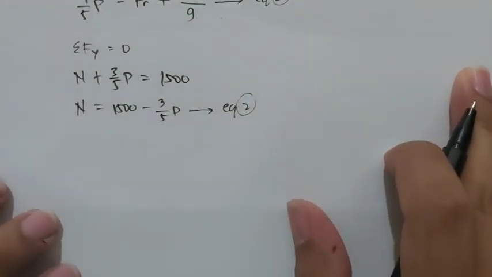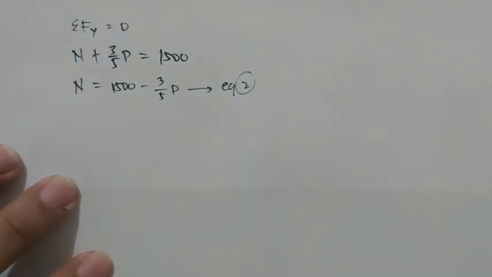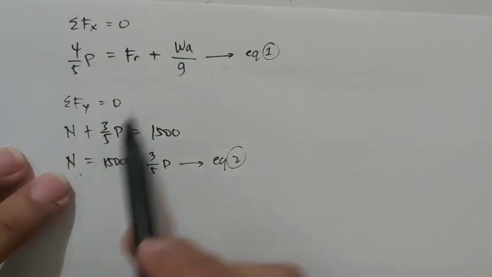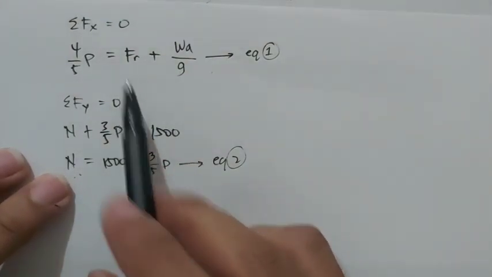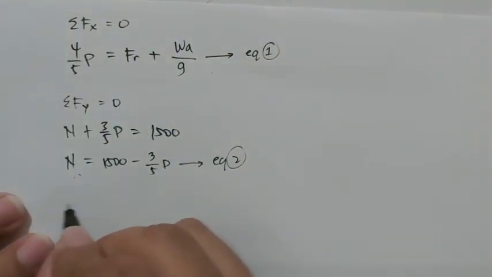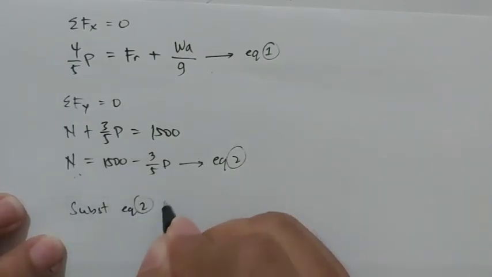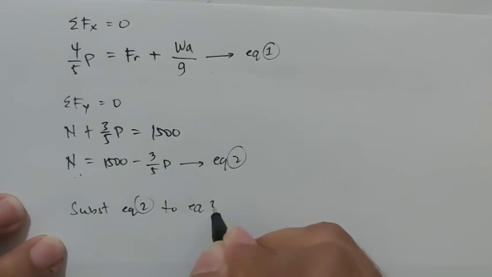So this will be our equation 2. So to solve for the force P, pwede nating substitute yung equation 2. Meron tayong N, substitute natin siya sa equation 1. So substitute equation 2 to equation 1.